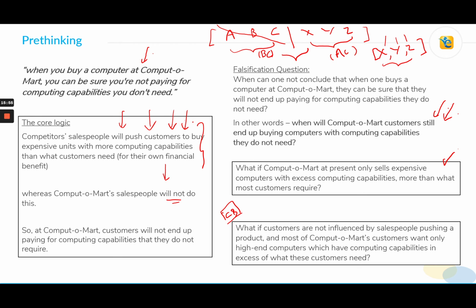So what if the situation is such that customers are not at all influenced by salespeople trying to push a product, and in the case of Comput-o-mart, the customers actually prefer, or in other words, actually want a product like X, Y, or Z. Now, here is where I'm actually making a very subtle distinction that's very important to understand. There is a difference between what someone needs versus what someone wants.